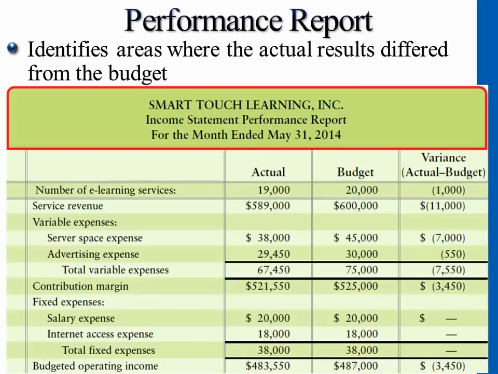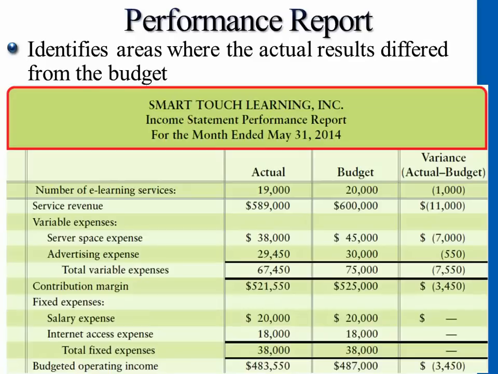And where does that difference come from, mainly? You can see some of the numbers are exactly the same, right? Variable expenses are different, and variable expenses are different because of Chapter 19. You have different types of costs. Variable expenses will be different because the number of services or the number of sales is different, right?